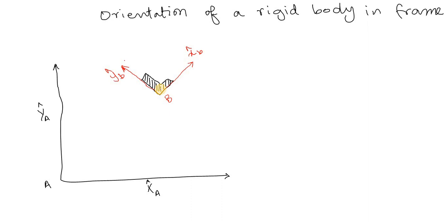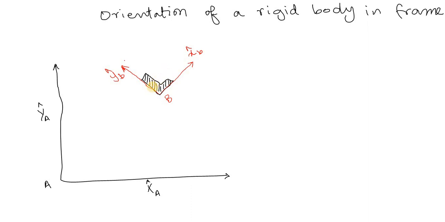So now we have two frames. One is this black colored one, our reference coordinate system, and then we have frame B, which is a body fixed frame. It's attached to the body and it rotates and moves with the body. Wherever the body goes, this frame is permanently attached to it, and it will move, rotate and translate with this object.